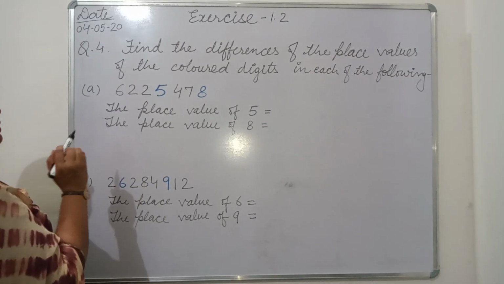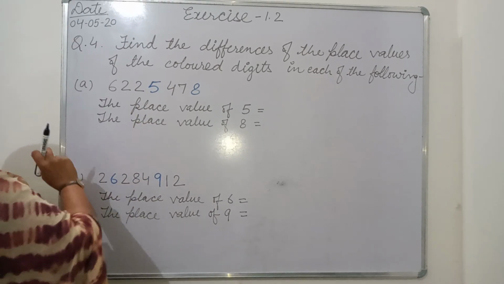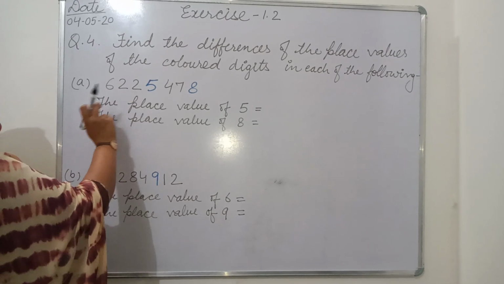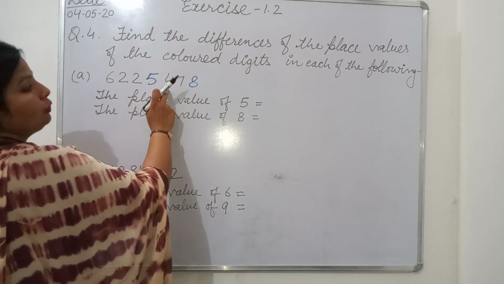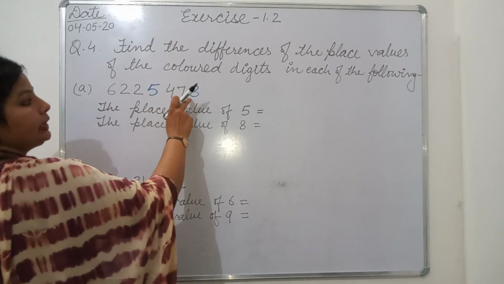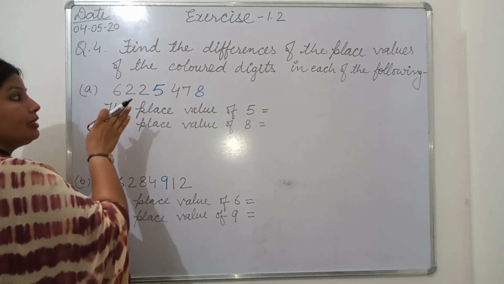Here is a 7-digit number: 1, 2, 3, 4, 5, 6, 7 digits. There is 62 lakhs 25,478. Now here 5 and 8 are colored. So here we will take the bigger number upside.